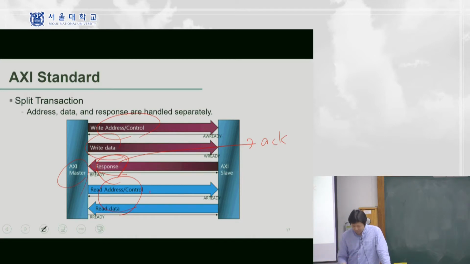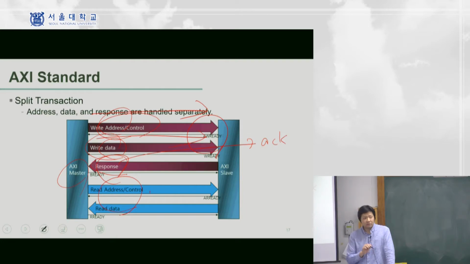Okay, so it takes 2 channels, one for sending the address and control, and the second one to read data. By the way, note the direction of the channels. When you write something, the address and data flow from master to slave, right? Because the master is responsible for providing this address and data. So these 2 channels have this direction, from master to slave.